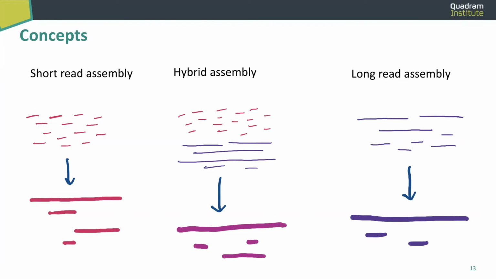And then the combination of the two, where you provide your assembler with both short reads and long reads, is called hybrid assembly. In all of these cases, if you have a very clean library prep and a very clean phage prep, then this may assemble into just one contig, but it could be that it's multiple contigs, and then you need to do some troubleshooting.